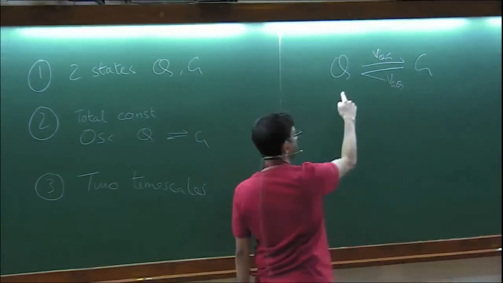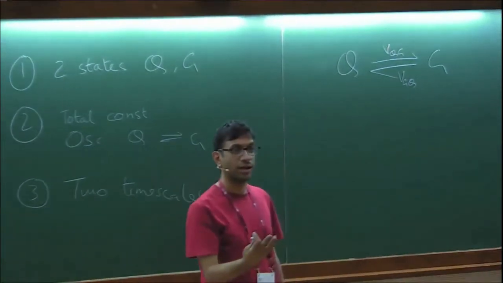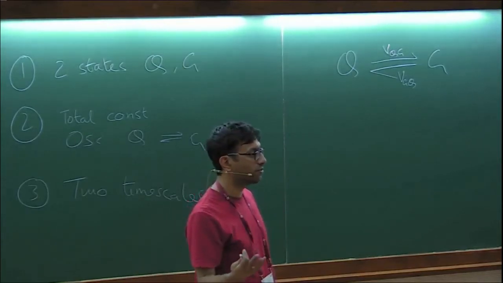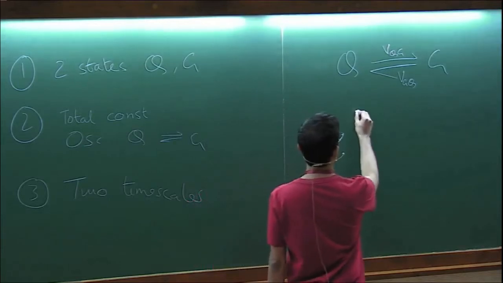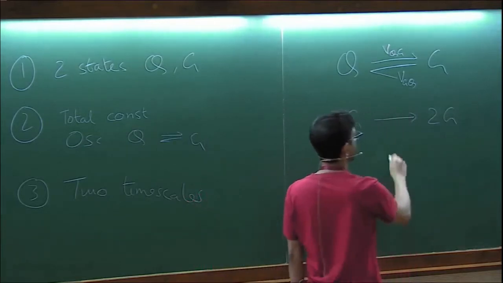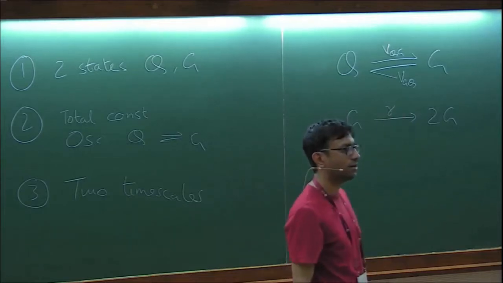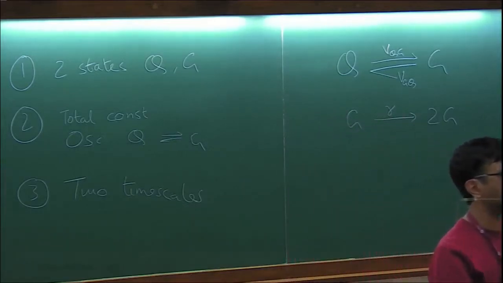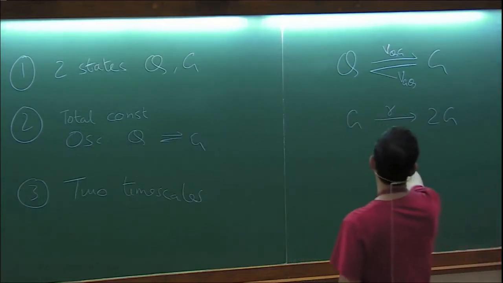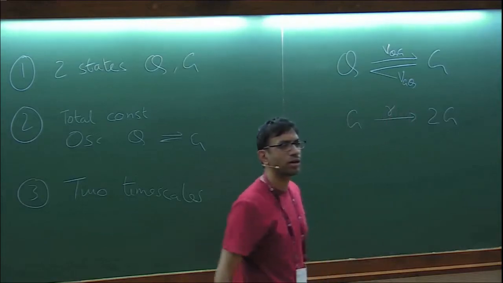GQ means G to Q. So switching can happen. Other than that, one of the states is proliferating. So we have to account for the fact that a G cell could give you two G cells, and that will happen at some rate, gamma. We'll come back to what these rates would be. Would they be constants? Would they be changing? What would they depend on? But for now, I'm just going to call this some kind of growth rate.